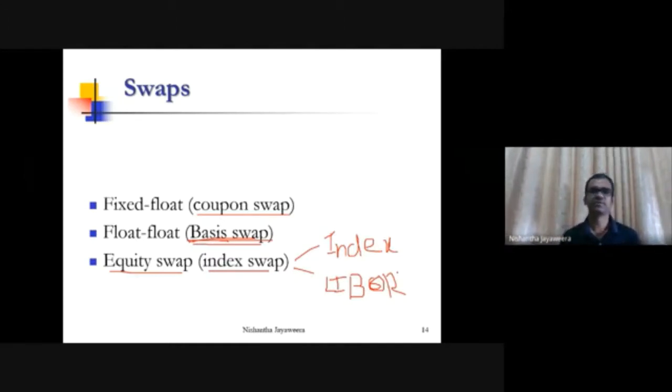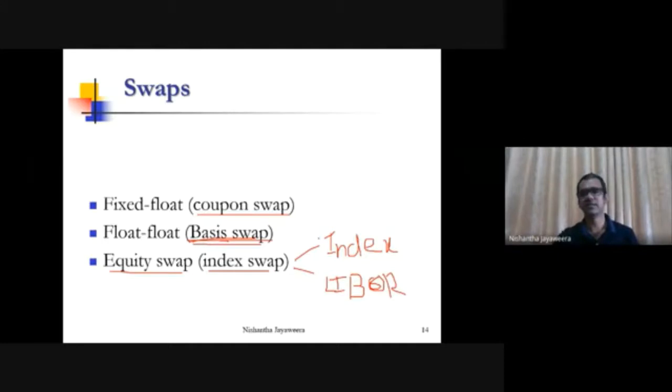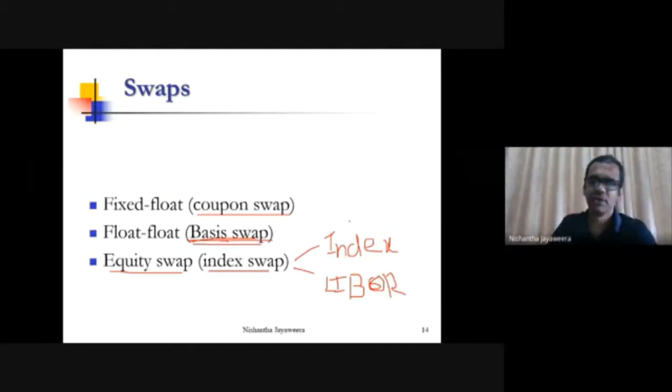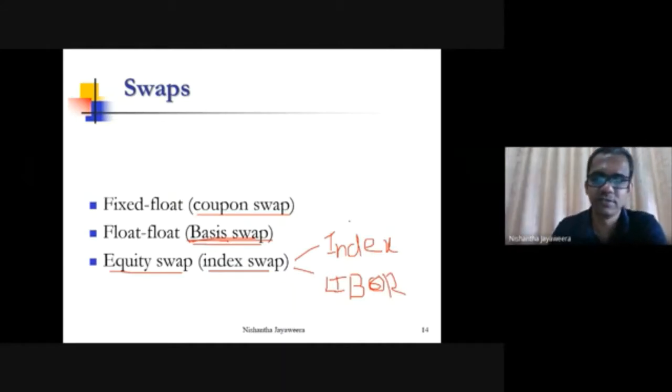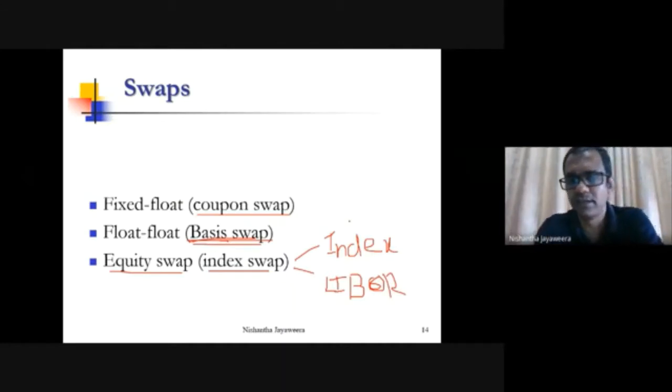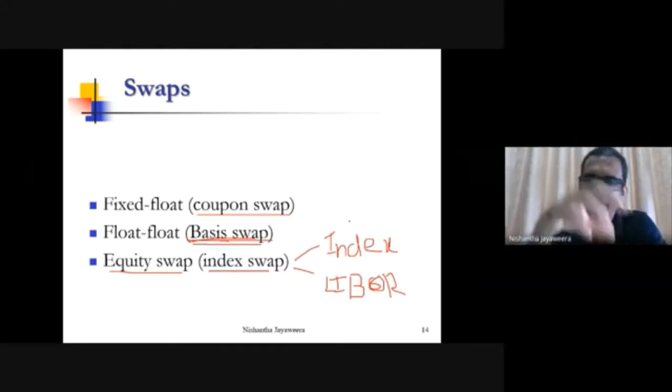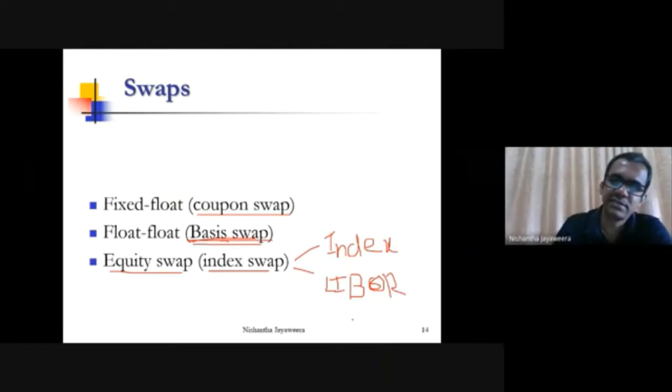That sort of swap we call an equity swap. This index is an equity index, like All Share Price Index or S&P 500 in US or Nikkei index in Japan, something like that. So depending on that currency, this reference rate also changes.